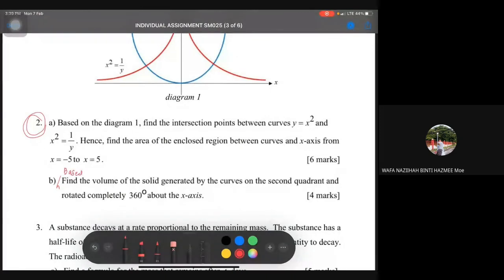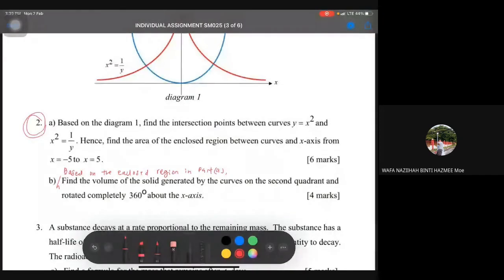Ayat dia adalah based on the enclosed region in part A. Find the volume of the solid generated. Nanti awak tambah sendiri dekat sini.